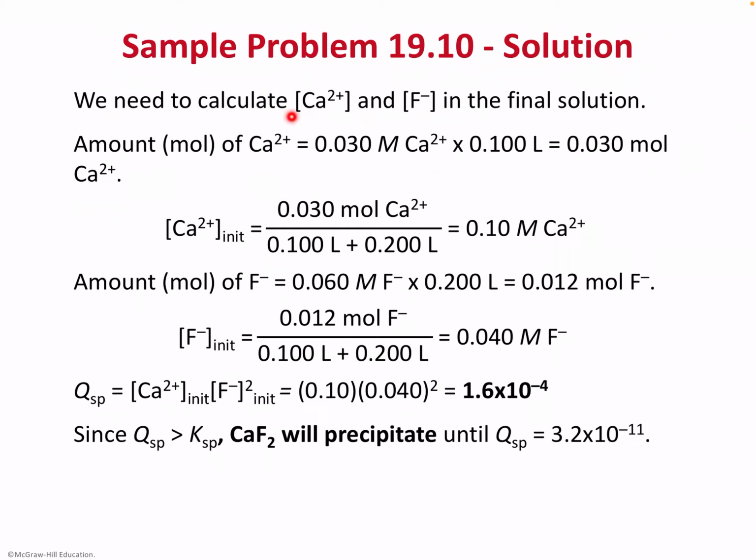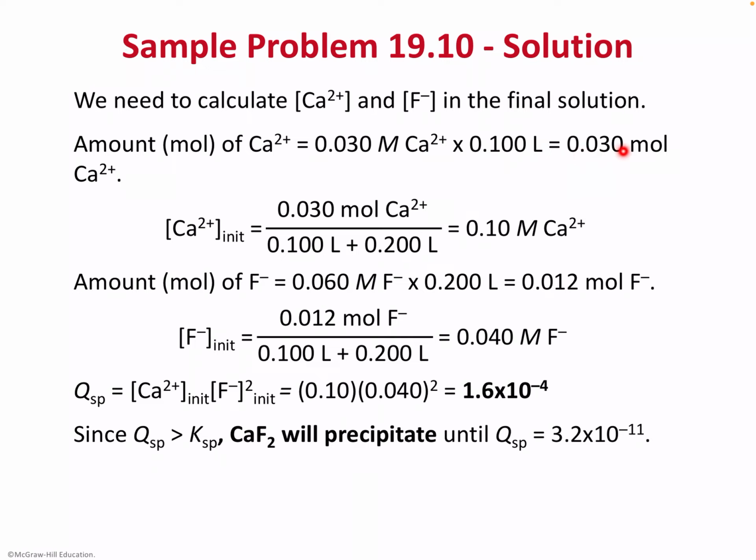We need to calculate calcium ions and fluoride in the final solution. Number of moles of calcium ions: 0.3 molar calcium solution, and we were given 0.1 liter. The molarity times the volume gives us the number of moles, so the number of moles of calcium ions is 0.03.